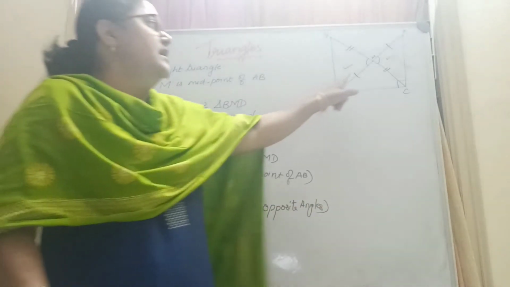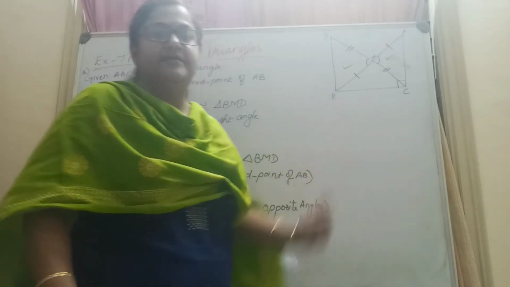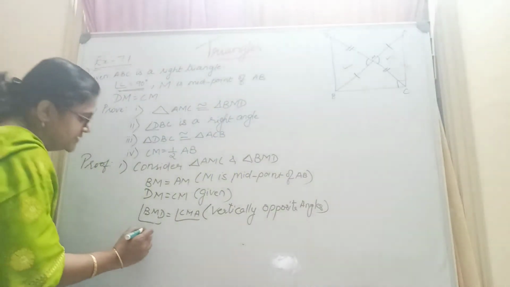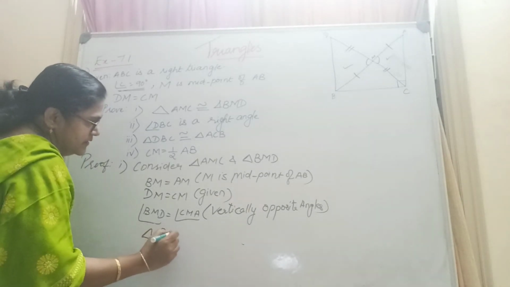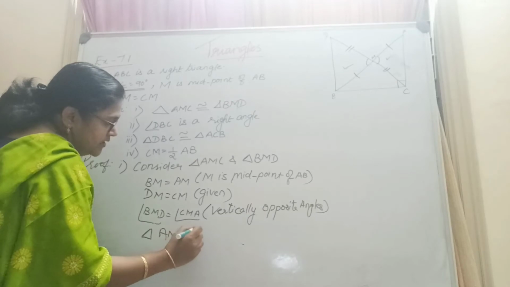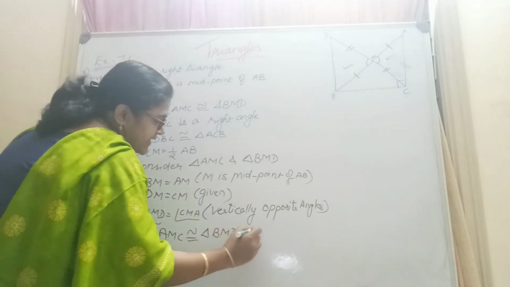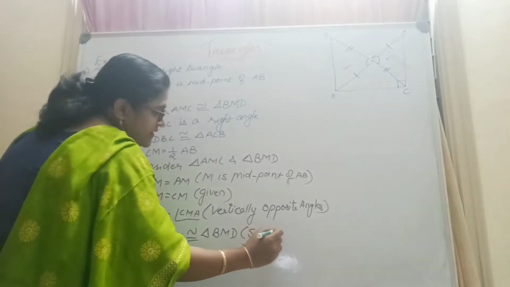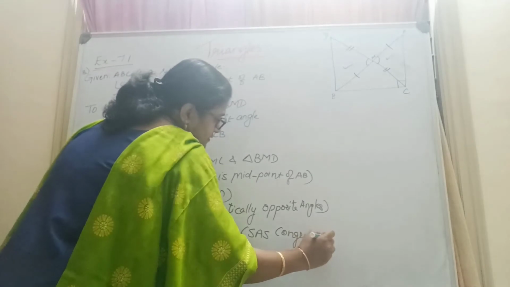Now, side, angle, side is taken into consideration from both the triangles. So triangle AMC is congruent to triangle BMD by SAS congruence rule.